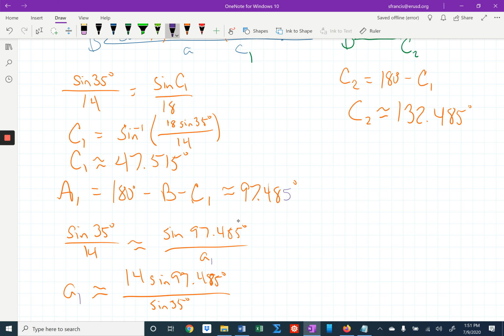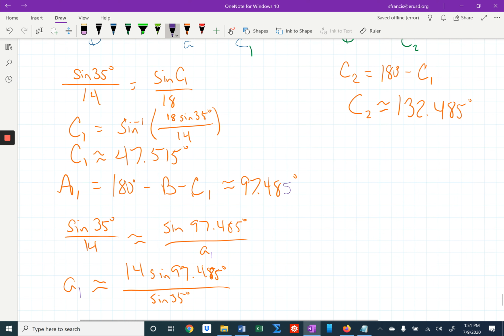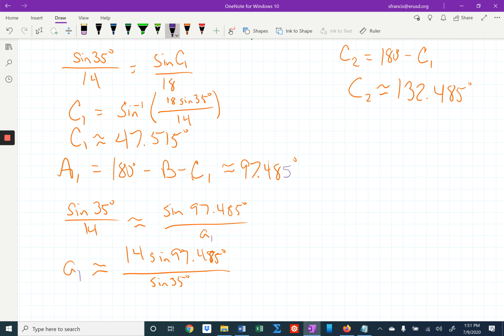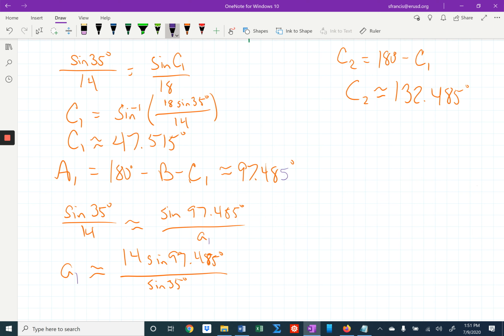Again, using the law of sines, sine of 35 over 14 is the sine of the angle we just found over a sub 1. Do the arithmetic. I didn't have calculation here, just plugging into a calculator, which you can do without my help. Pause it if you need to see it longer.